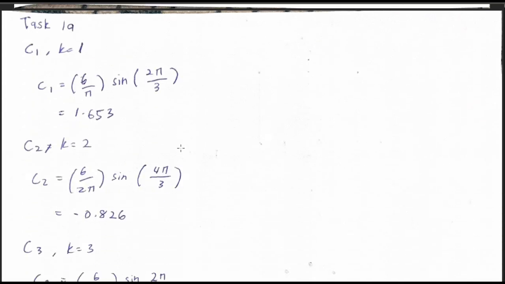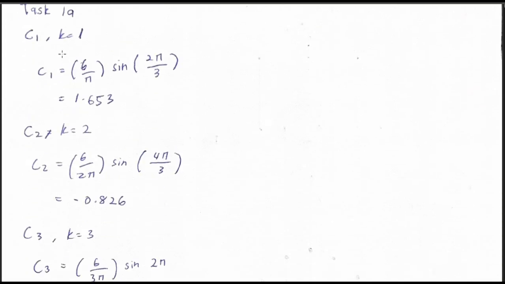So for C1, we increase the value of k to 1, and then we use the equation ck that we got earlier to find C1, and then we got 1.653.